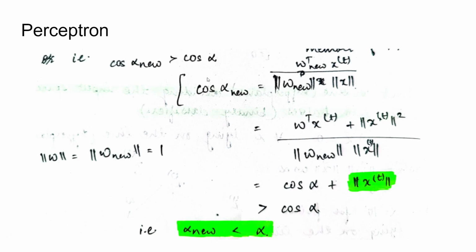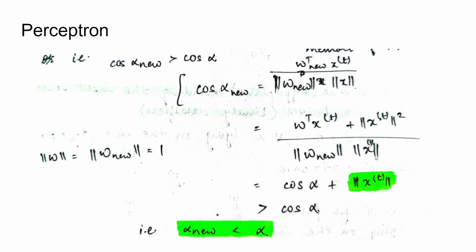Okay, so here it will become w transpose x of t plus norm of x of t, divided by norm of w new into norm of x, which is equal to, so this term is nothing but cos alpha, plus norm of x of t.